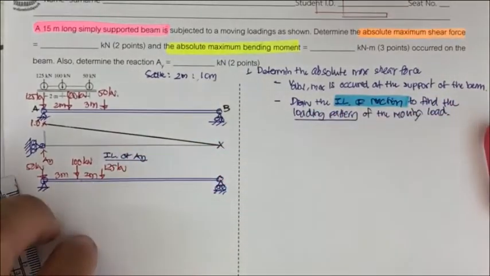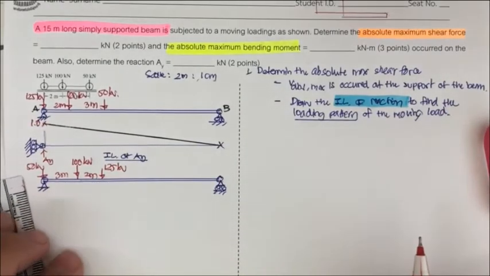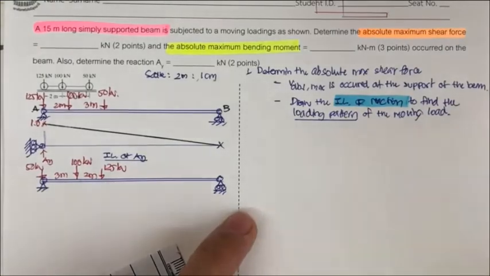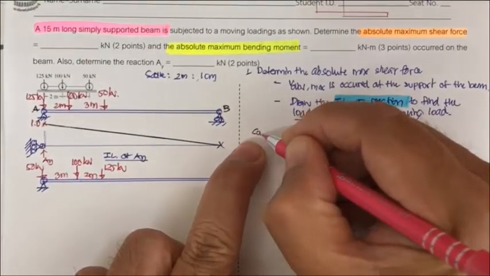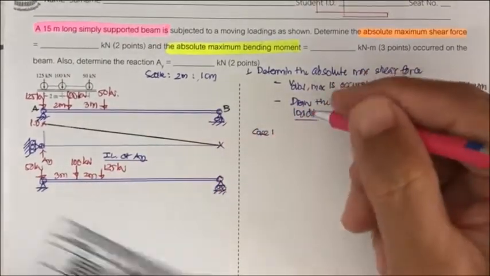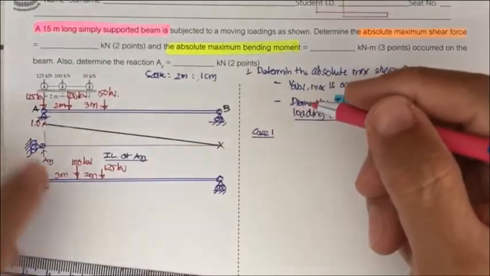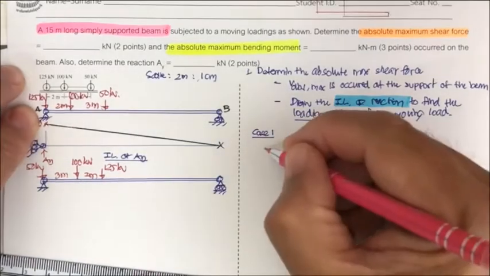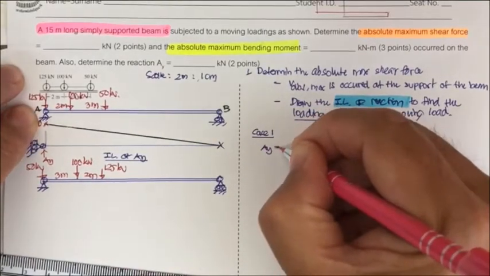Okay, and let us compare these two cases first. Okay, for case 1, we have this portion. So we can determine this A sub y.